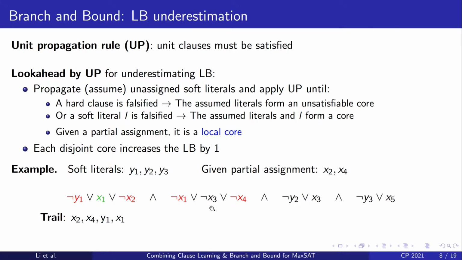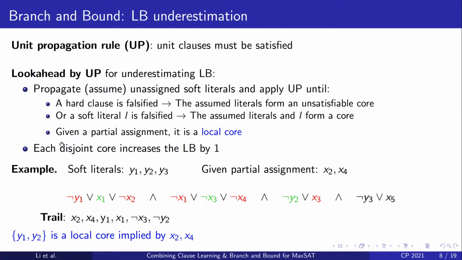Now we can propagate not x3 with unit propagation. And this process is repeated until we detect one of these two situations. Either a hard clause is falsified, or some soft literal is propagated to false. This second case will happen now, because now we have this unit clause, and literal y2 will be propagated to false.